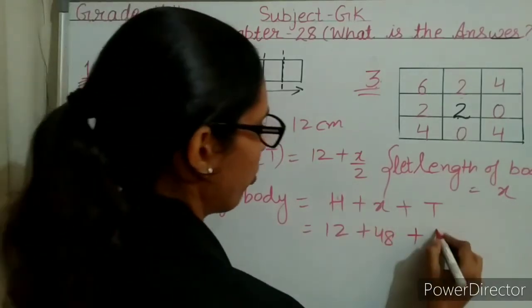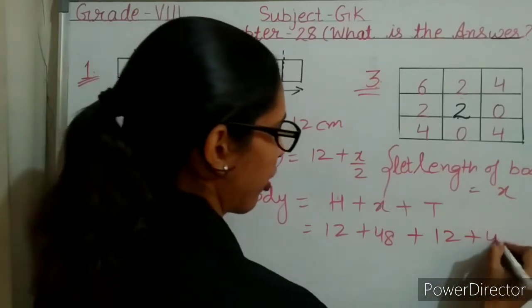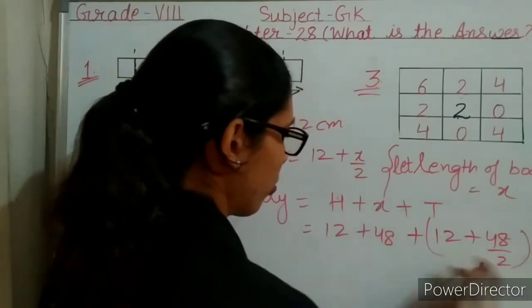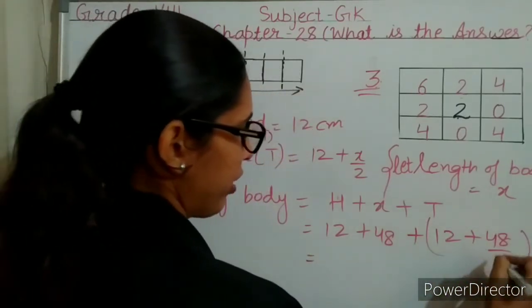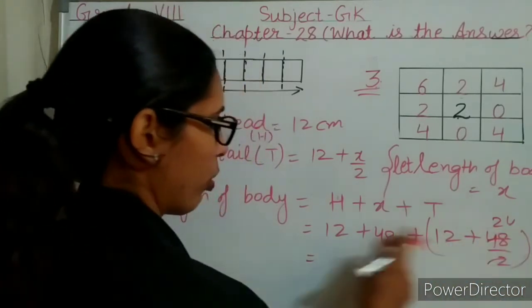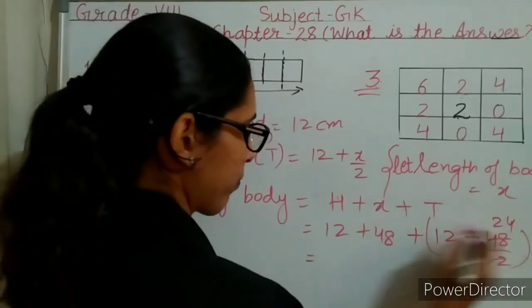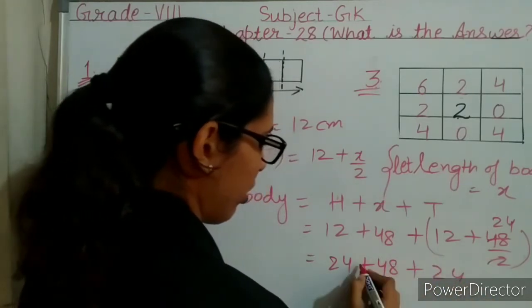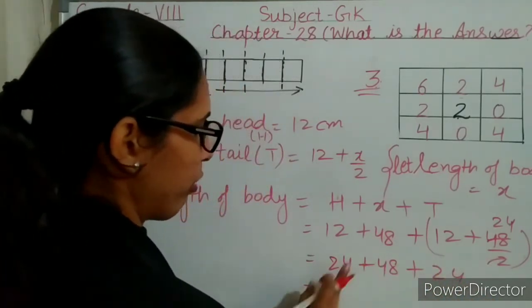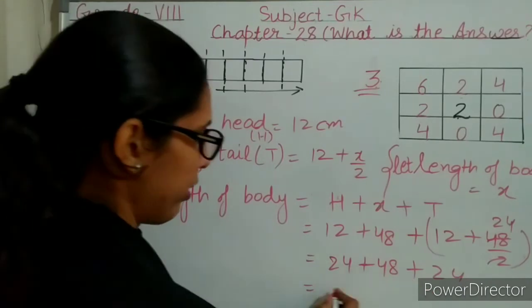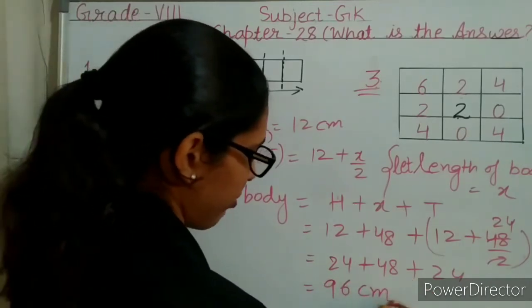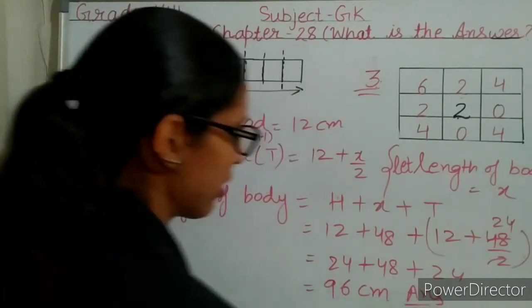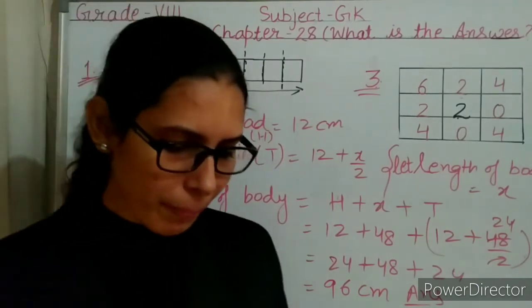So tail is equal to 12 plus x, which is 48 by 2, so we will cut it. So it will be 24. 12 plus 12, 24 plus 48 plus 24. If you will add all this, 24, 24, 48, 48 plus 48, it will be 96 centimeters. So our answer will be 96 centimeters.